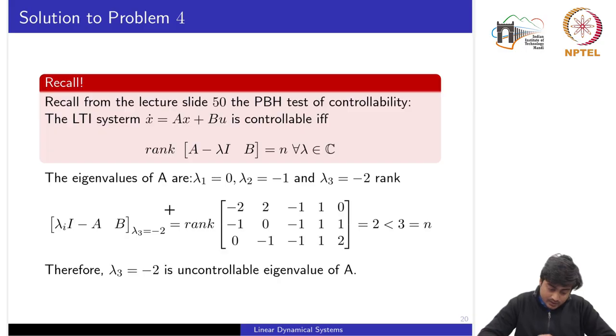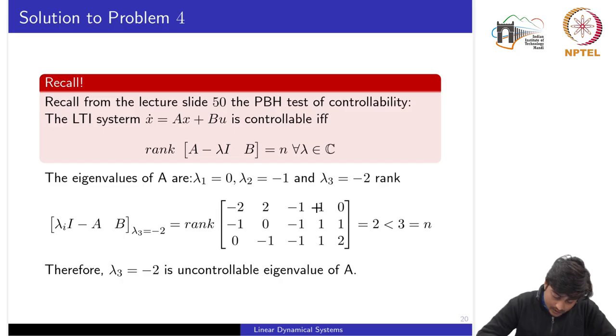So proceeding in a similar way, first of all we would compute all the eigenvalues of the matrix A, which are 0, -1 and -2, and for all the eigenvalues we will start computing the rank of this matrix, and for the eigenvalues for which the rank of this matrix becomes less than 3, they automatically become the uncontrollable eigenvalues.